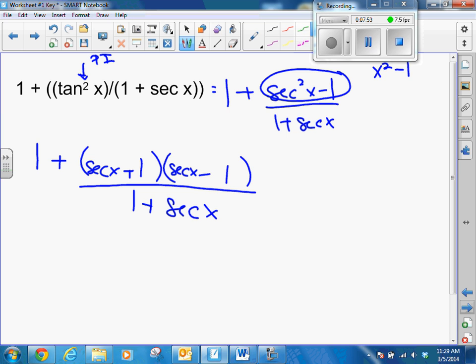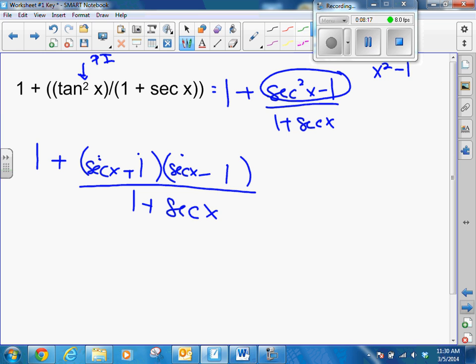Okay, so if I actually go through and FOIL this, to get secant squared, I take secant times secant. Then in the middle, I'd get secant negative and secant positive. So a positive secant and a negative secant cancel off. And then a negative 1 times a positive 1 gives me that negative 1.